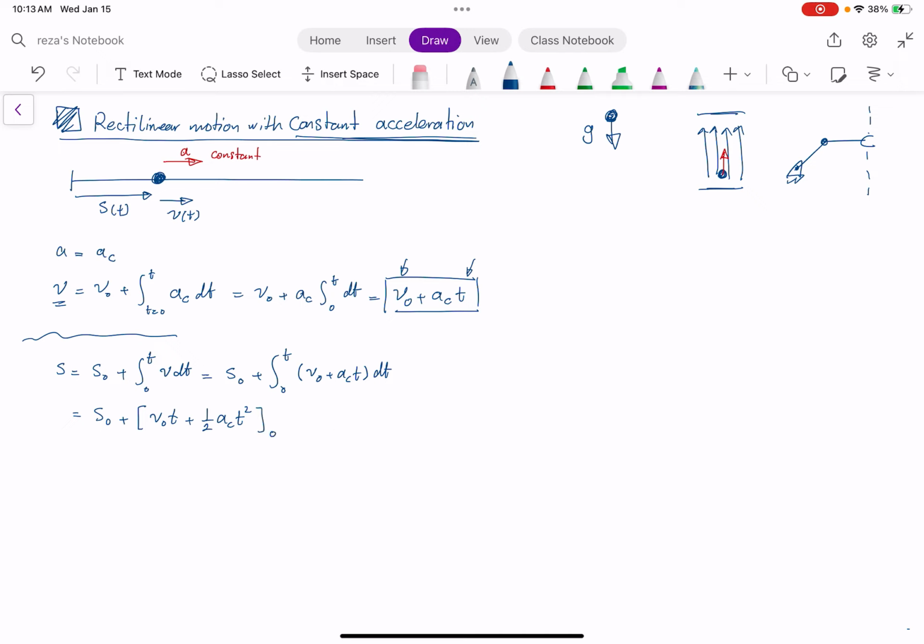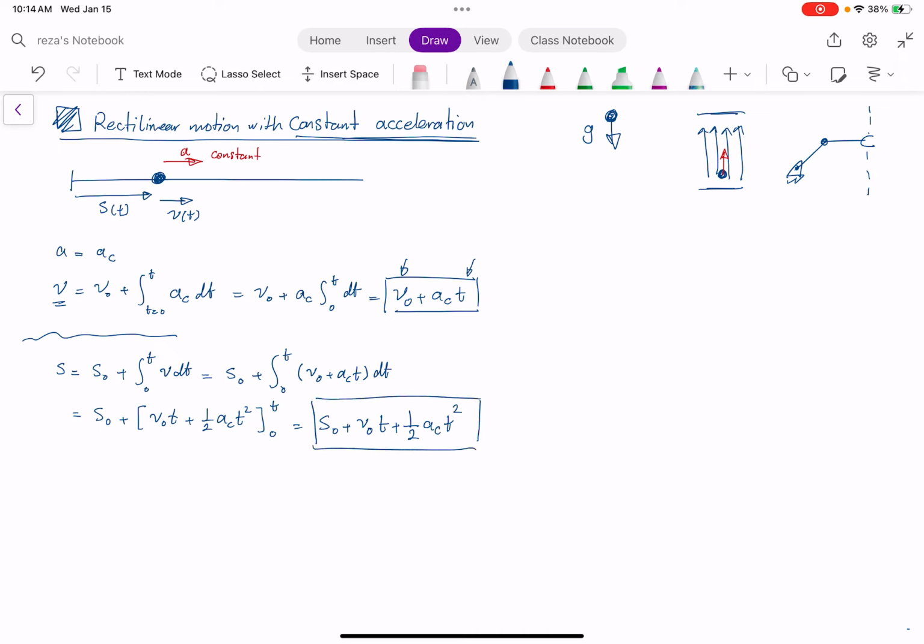The integral is from 0 to t. If you put in the bound 0, everything becomes 0, and if you put in t, you are left with just the expression as is. So we have S equals S naught plus v naught t plus 1/2 A_C t squared.